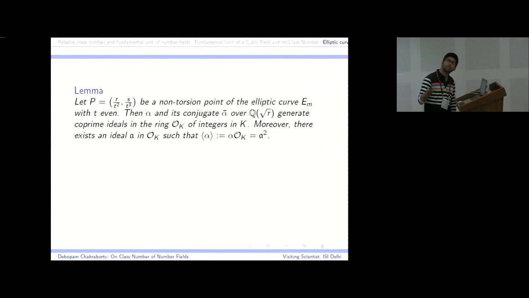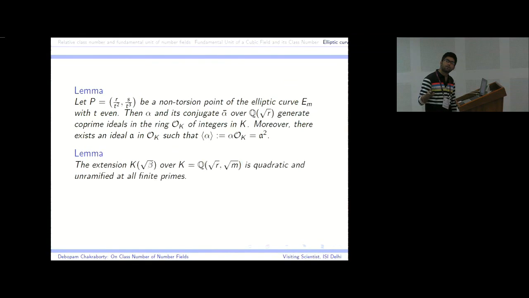Using those results, if you define an alpha, which will be some S plus root mt cube, you can find that alpha will be some ideal square. From there you find that the extension is quadratic and unramified at all primes. Infinite primes you don't have to bother about, because everything is real, or if it is not real, it will be imaginary.